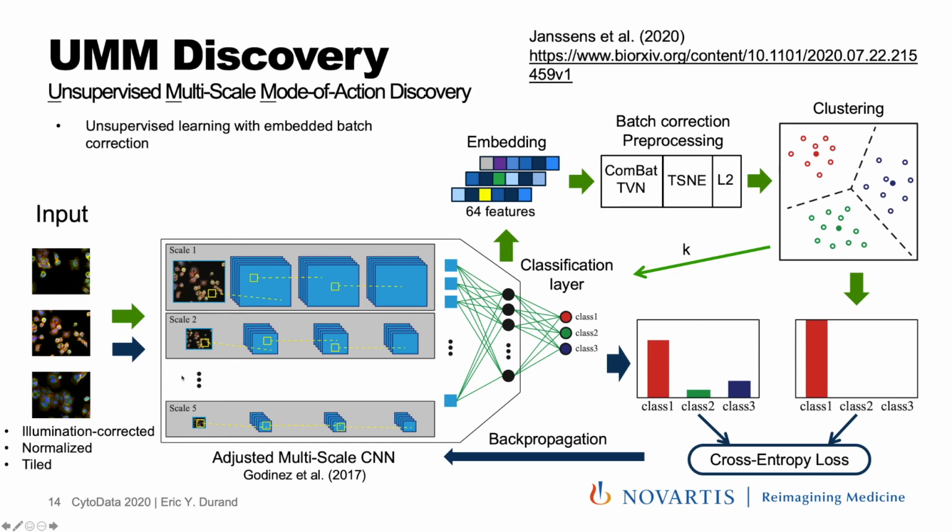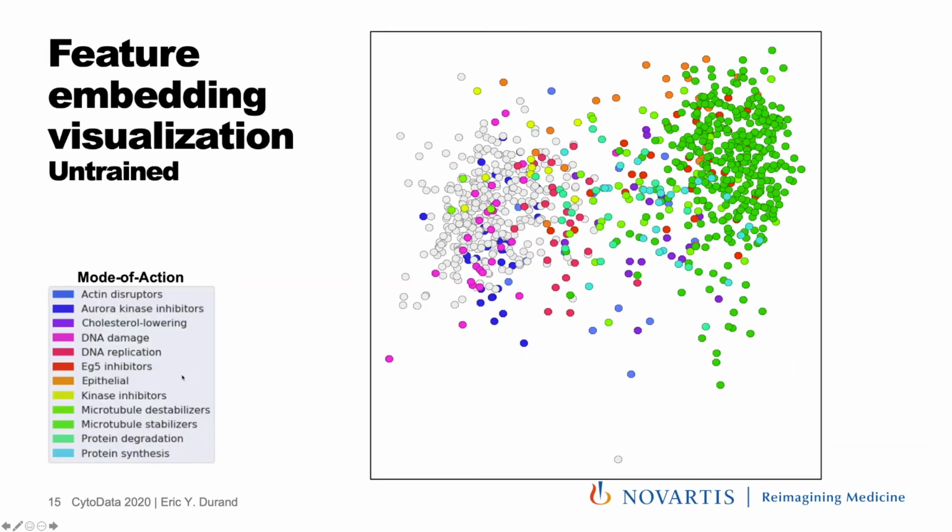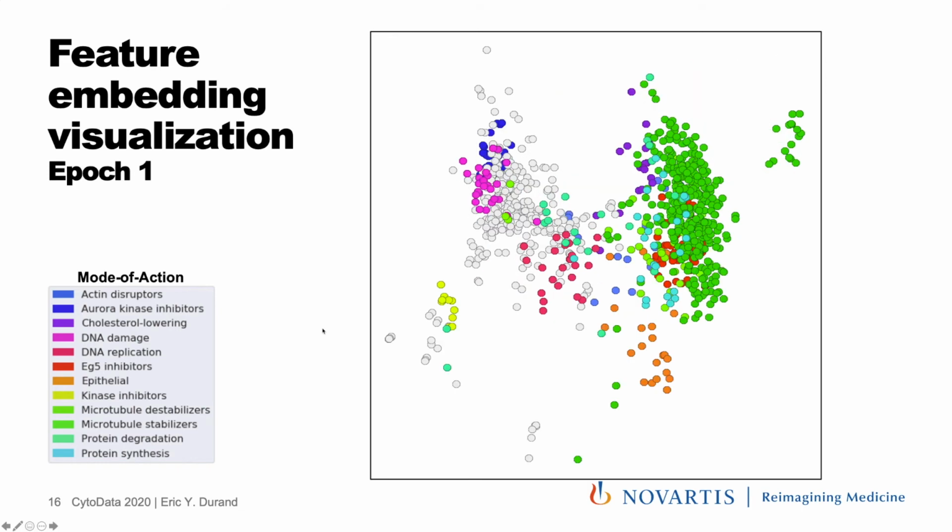We can visualize how the training procedure clusters images in the dataset. Here what you see are the feature embeddings for images, colored by mode of action, before any training. After one epoch already, you can start to see some clusters emerge.